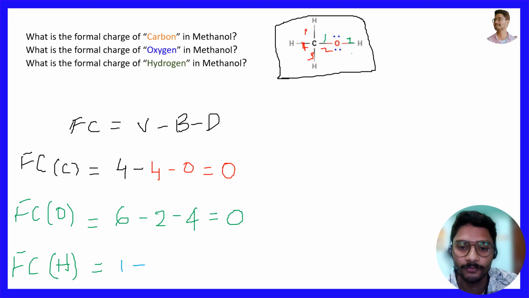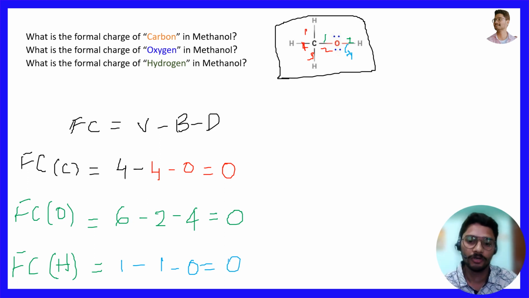Here there is only one bond, the only bond that hydrogen has. So we are going to subtract that bond: 1 minus 1. Now we have to subtract the total number of dots present around hydrogen. If you can see here, there is no dot present around hydrogen, so the total number of dots is 0. 1 minus 1 is 0.